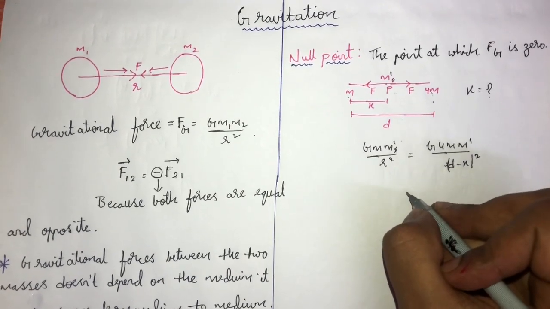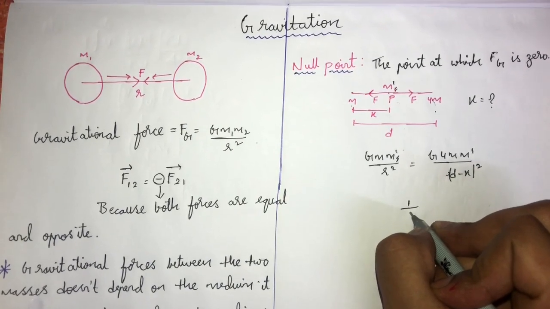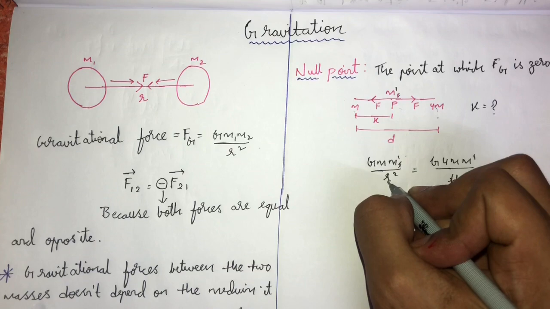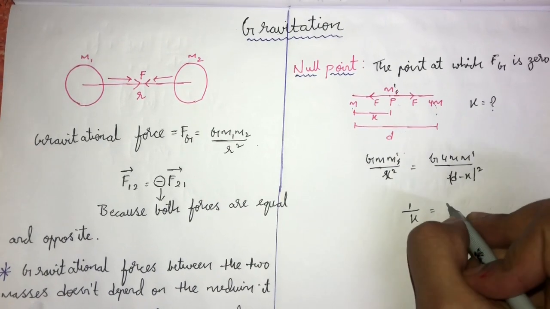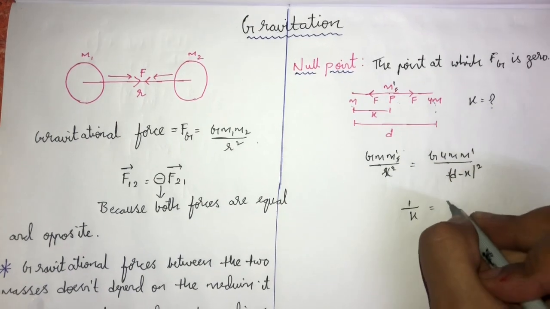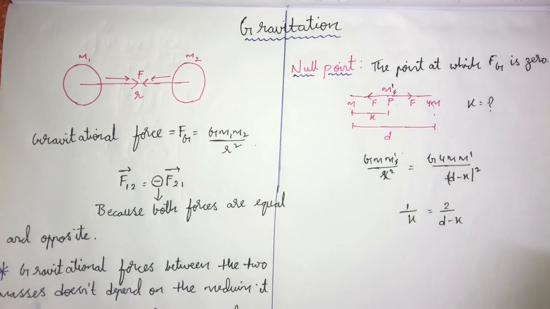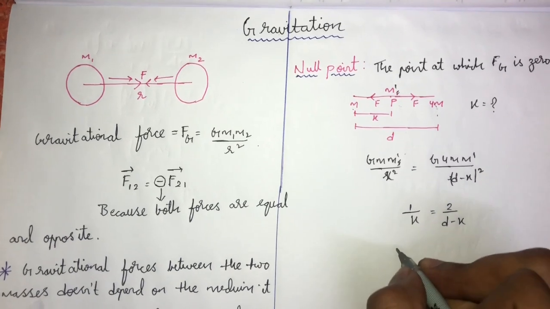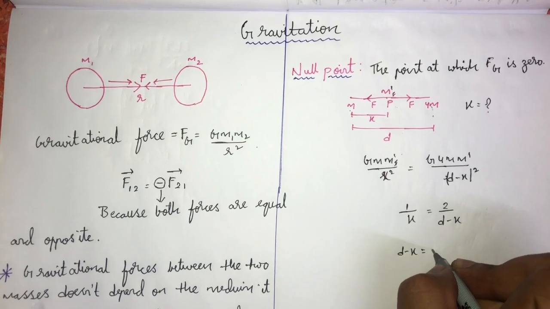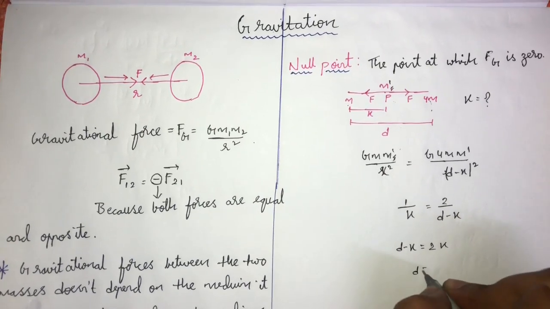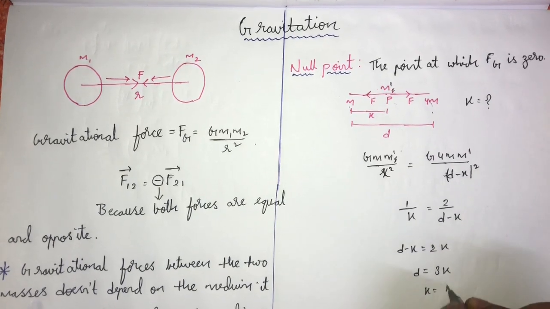So finally we are left with 1 by x is equal to 2 by d minus x. d minus x is equal to 2x, d is equal to 3x, then x is equal to d by 3.